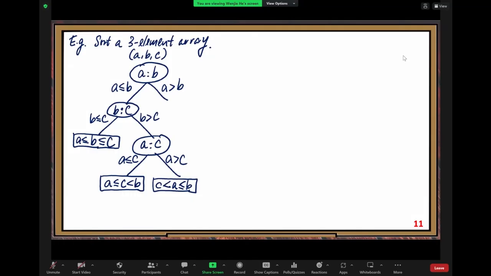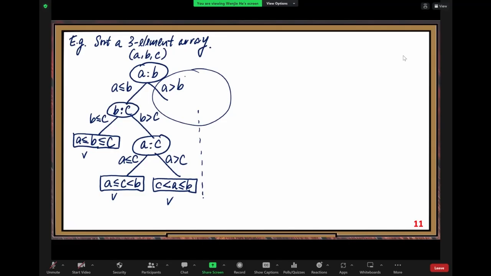This is one side of the sorting results, three possible sorting nodes. The other side, the right branch, is similar. You use the same way to produce the right subtree.